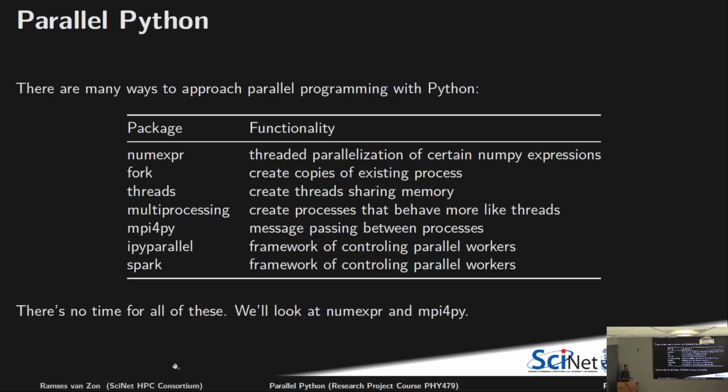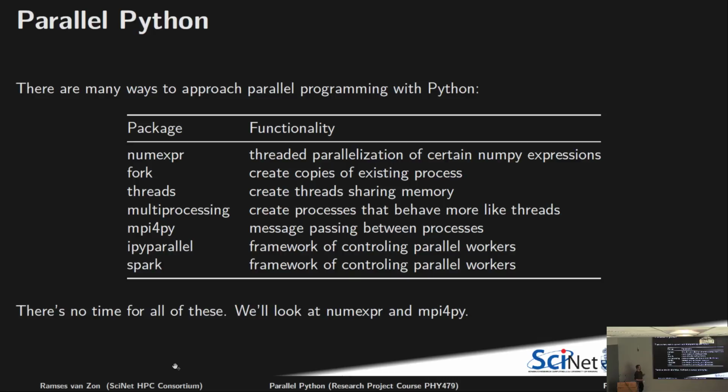So using multiple cores, there's a variety of approaches that you can take in Python. And they all have their advantages and disadvantages. I can't explain them all, so I'll take two, which have counterparts in other languages too.